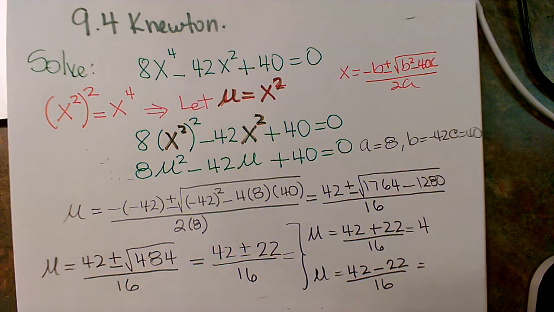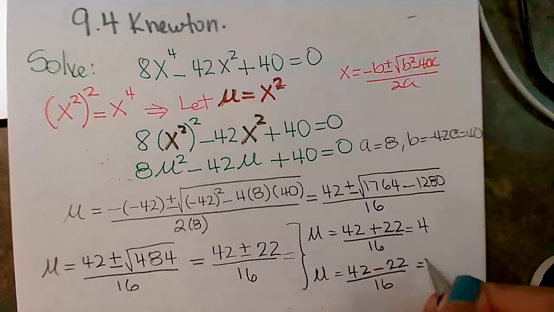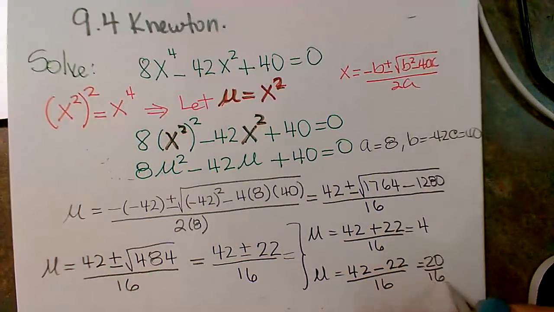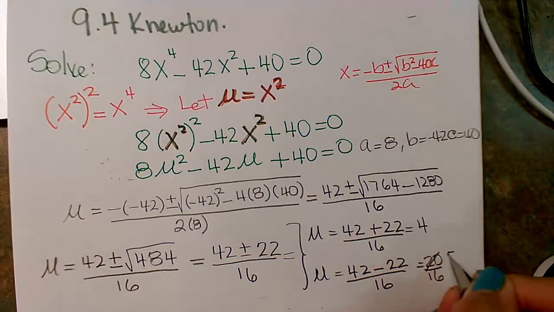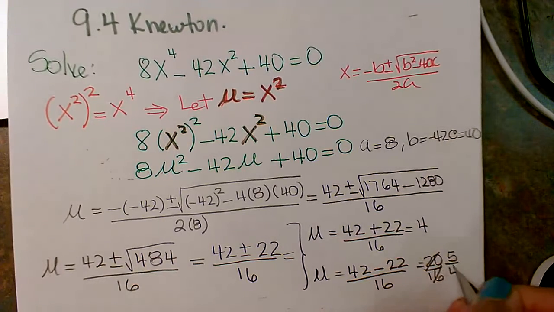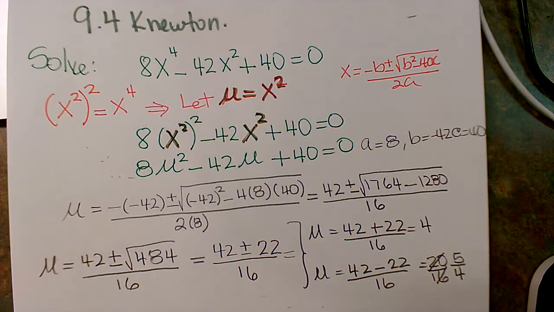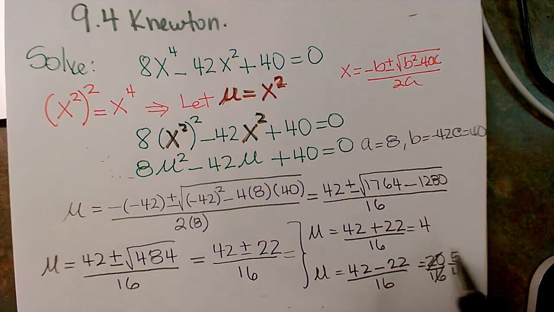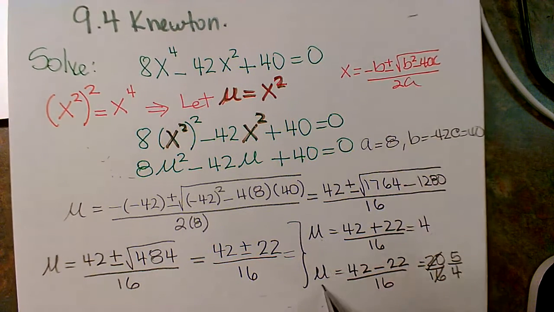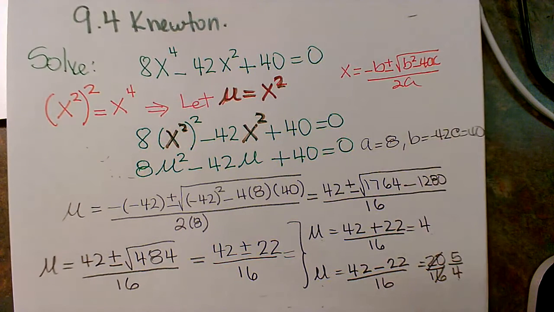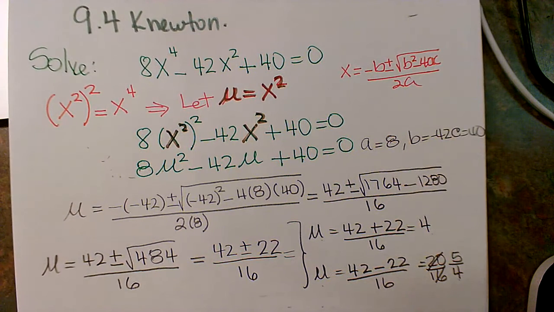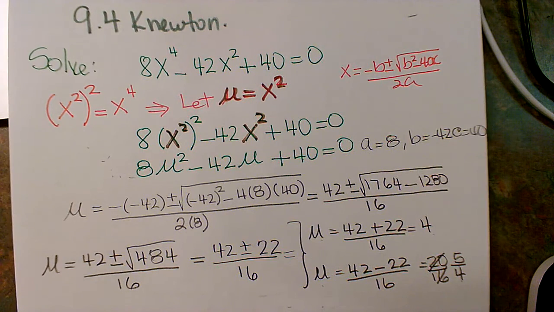This is a fraction. So by 4, this is 5, and by 4, this is 4. Okay? So I got one u equals 4 and another u equals 5 over 4. That's exactly what I got doing the box.